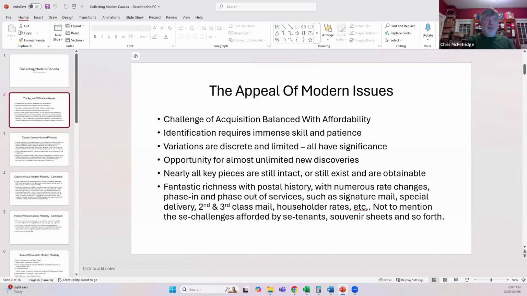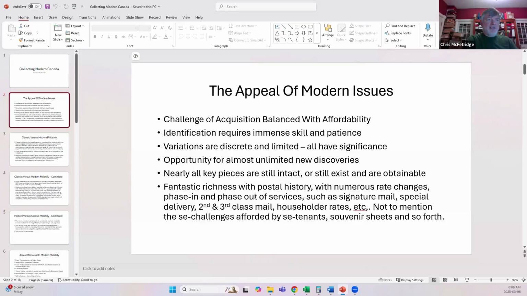So trying to find them properly used on a cover is very, very difficult. And I would say that if you really want to challenge yourself and you have a lot of money, try getting all the souvenir sheets and all the setenants on a proper registered cover from the time period when they were issued. Even with all the money in the world, you're not going to find them all. It's going to be very, very, very difficult.